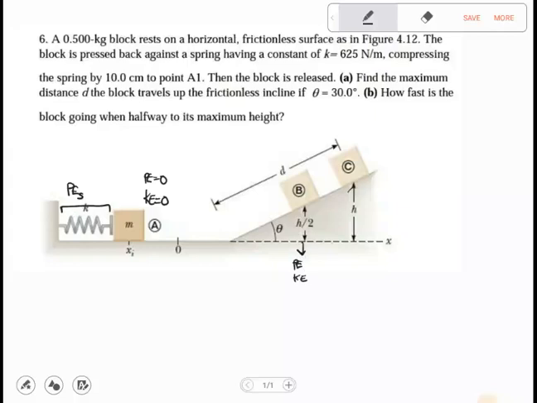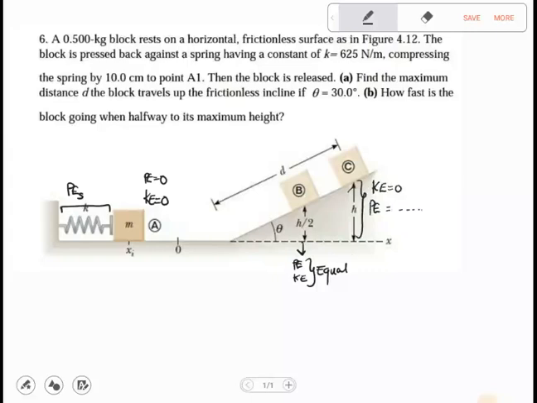The only thing is that these two are equal because the height is halfway. Then at this particular point here, kinetic energy equals 0, but potential energy is there. I hope you are understanding how I'm breaking this down.